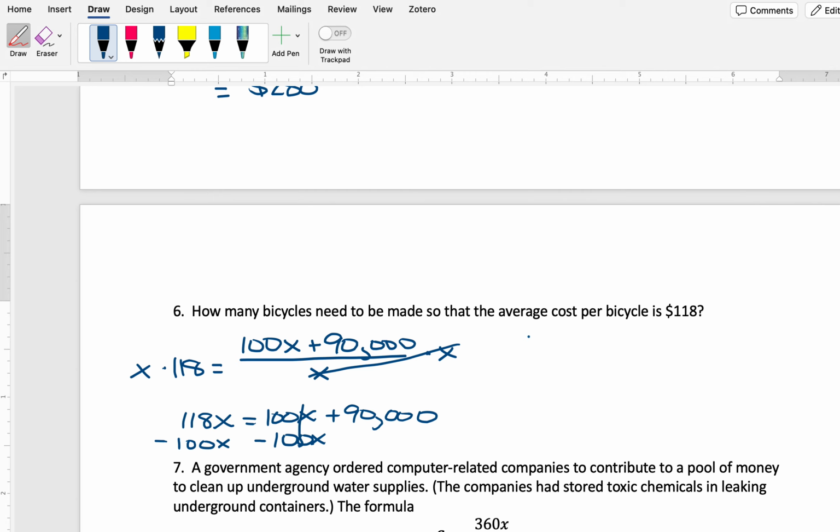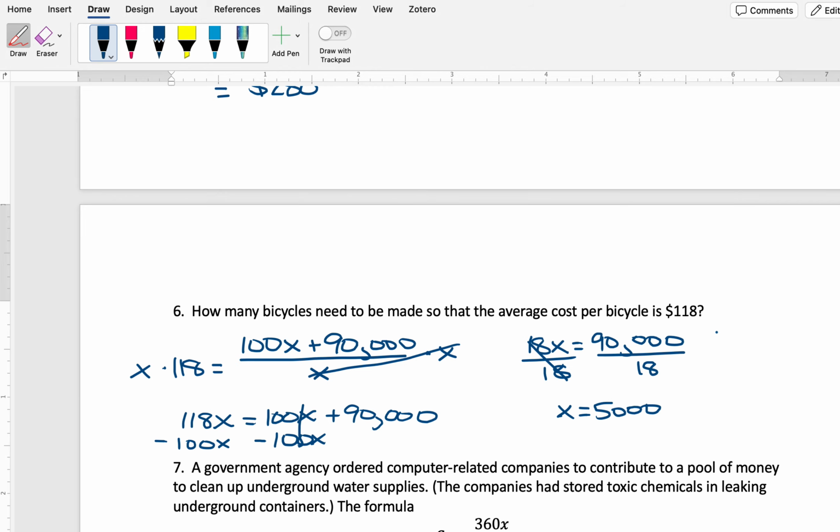And that's going to give me 18x equals 90,000. And the last thing left to do here is divide both sides by 18. And 90,000 divided by 18, use a calculator, and you will get 5,000. So if I make 5,000 bicycles, I will lower my average cost per bicycle to $118.